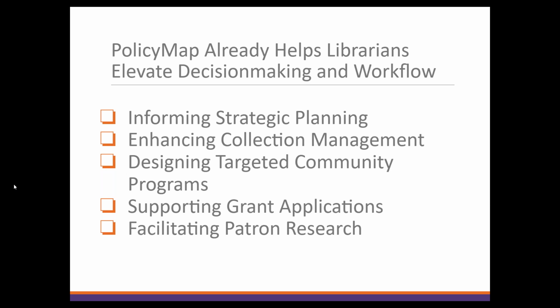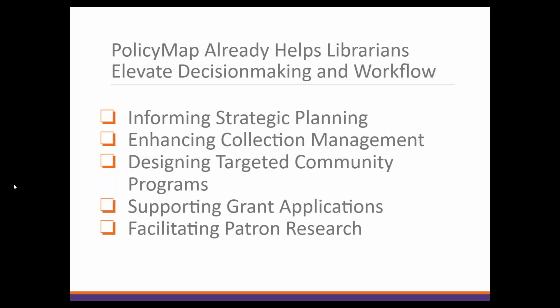And the number one way they can do this already, as a tool for internal users at libraries, is that they can use PolicyMap to inform their strategic plans, to assess community needs, to allocate resources, and to guide library initiatives. PolicyMap is a tool often used to inform and enhance collection management.